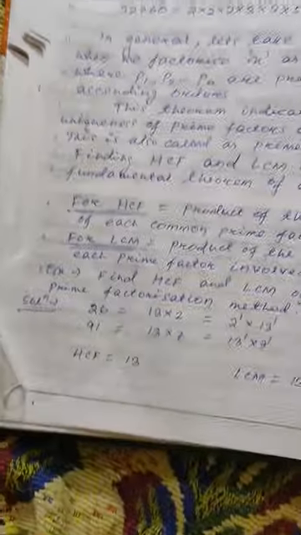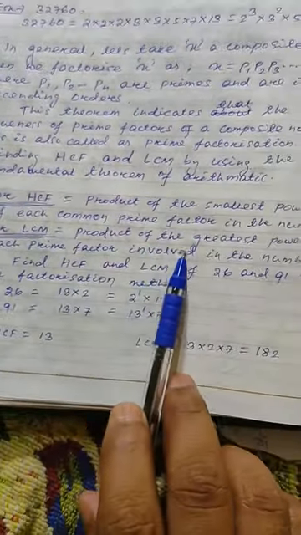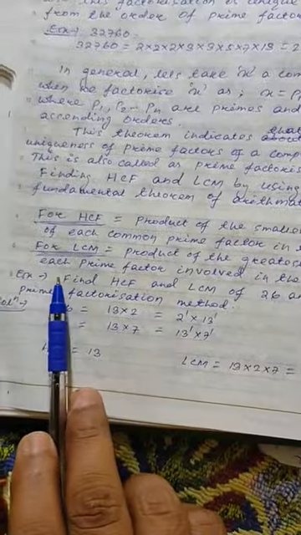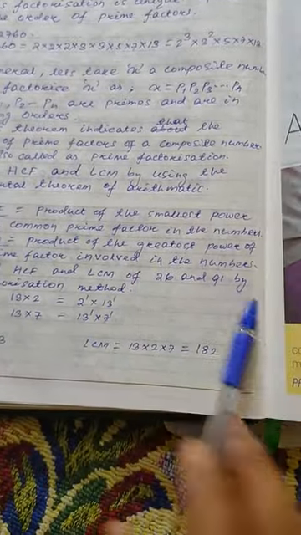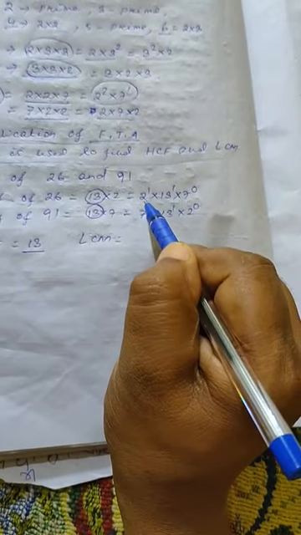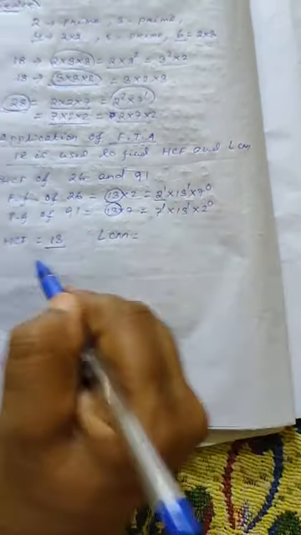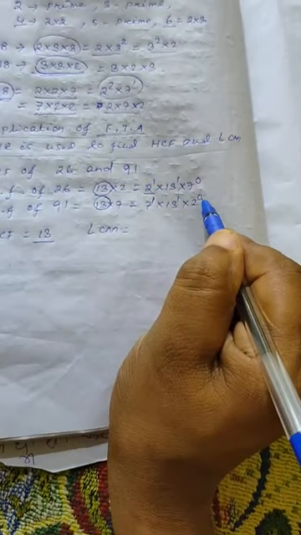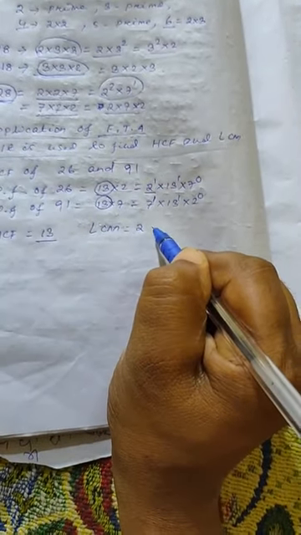And LCM. What do you mean by LCM? See how to find it. For LCM, take the product of the greatest power of each prime factor involved in the numbers. For 2, here 2 to the power 1, here 2 to the power 0, that means we take the greatest power.